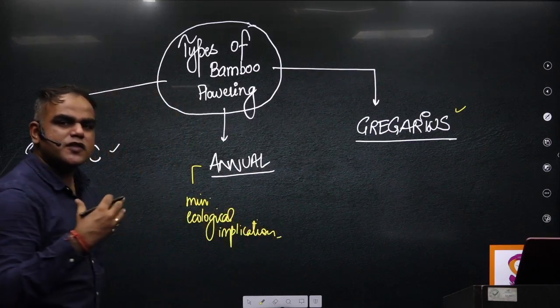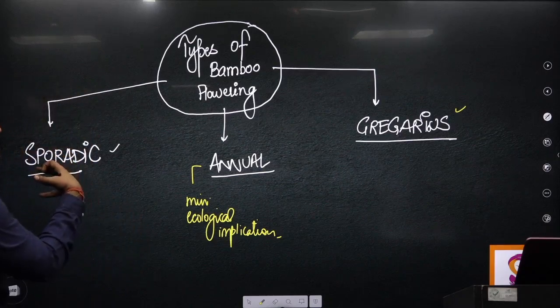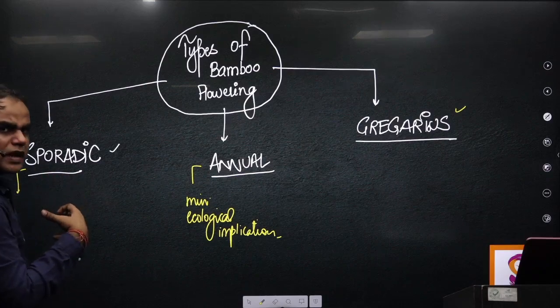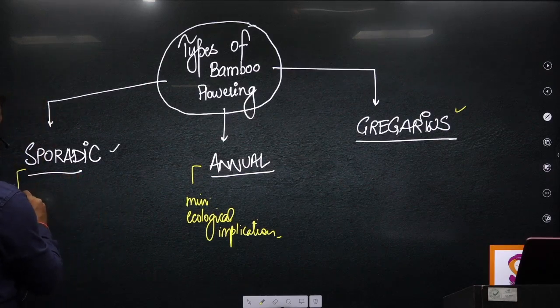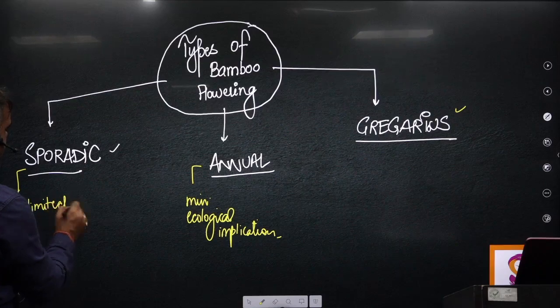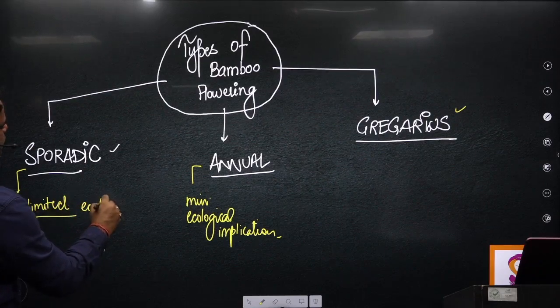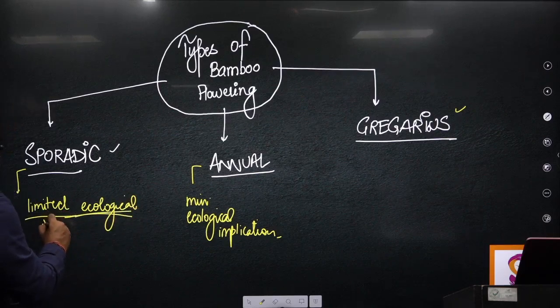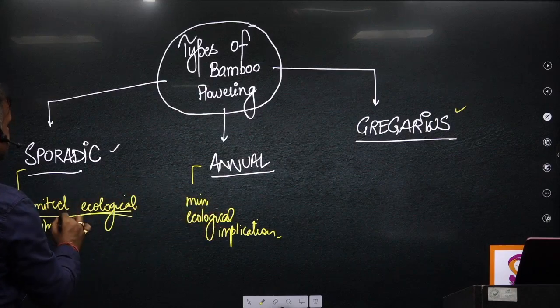Sporadic is something spontaneous. It is more irregular in nature, and here also the ecological implication is very limited.